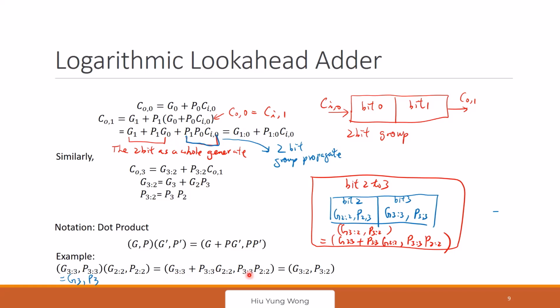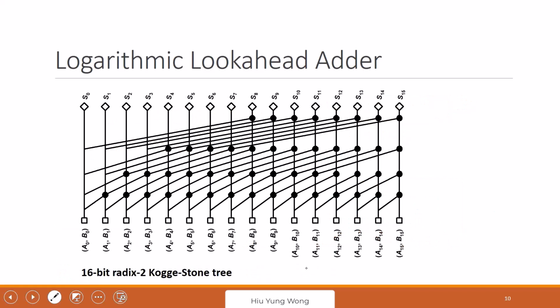But why do we want to do this? Because it helps you simplify your logic and understand your logic. So last time we stopped here. For example, if I look at this one, S7, I want to ask, how do I do the logic for the carry out of 7? Then it is very easy.